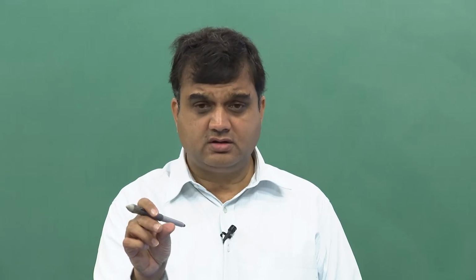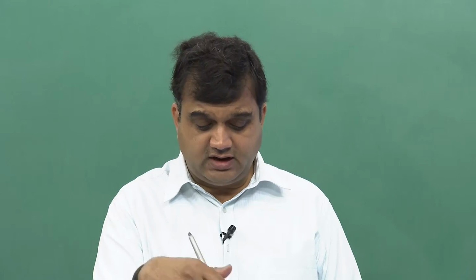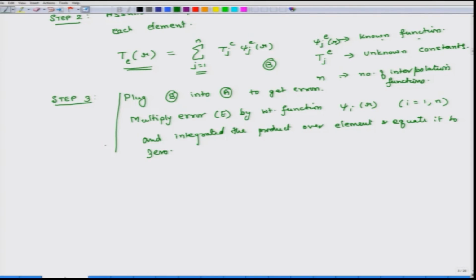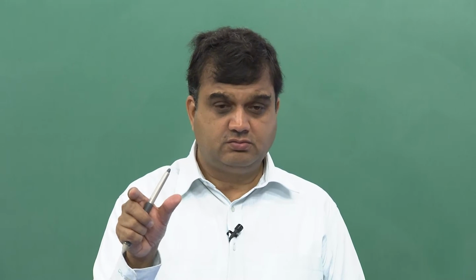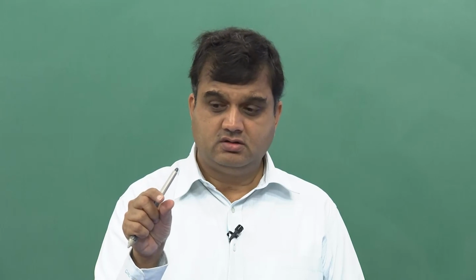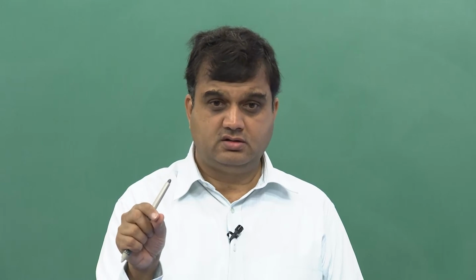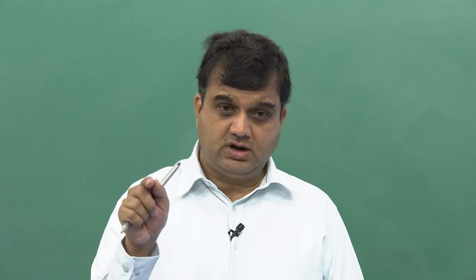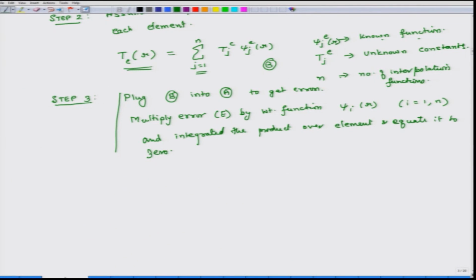The size of the element, essentially as I keep my element size smaller and smaller, essentially when I do this step, I go towards a point that error is approaching 0 at every point, because over the entire domain it is becoming 0, and as I shrink the size of the element, that element is increasingly becoming more and more like a point. So, the error is becoming 0 at every point, but again in an approximate sense.